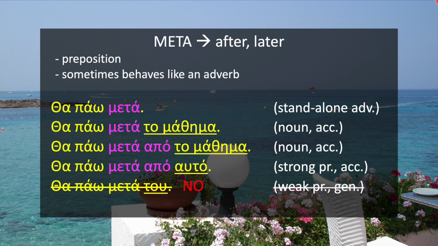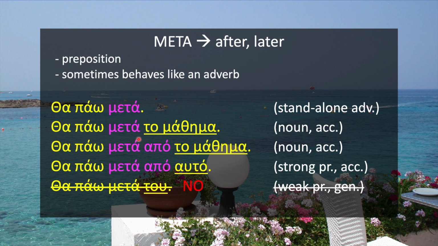Now, because πριν and μετά need the preposition από with pronouns, in order to be consistent with the other expressions of adverbs that take a preposition and that need the preposition with nouns too, just like here, από το μάθημα, it's usually recommended to use πριν and μετά with the preposition από, also with nouns.